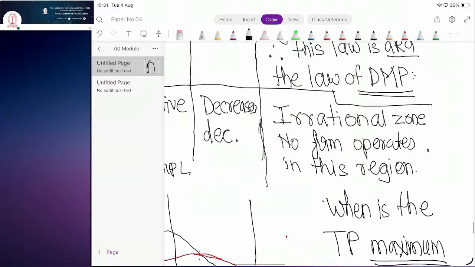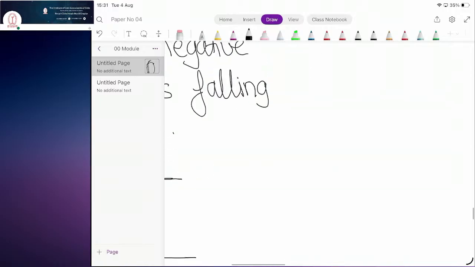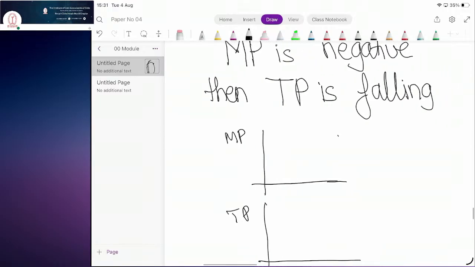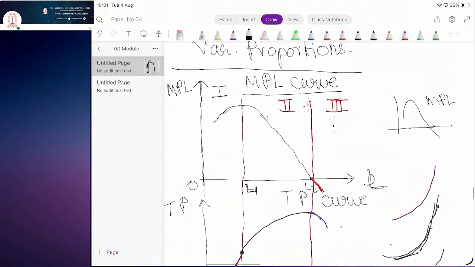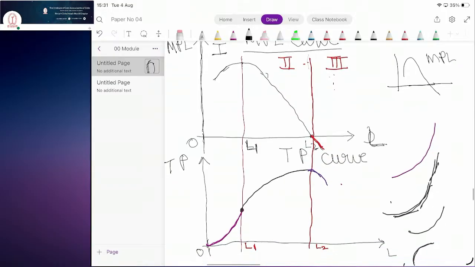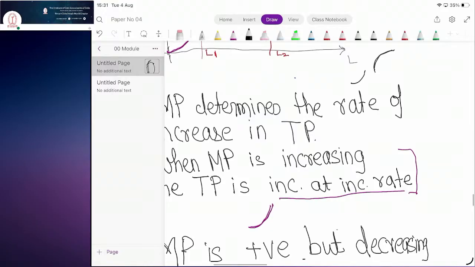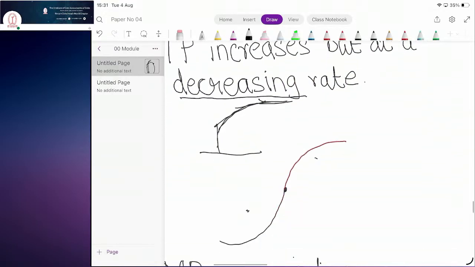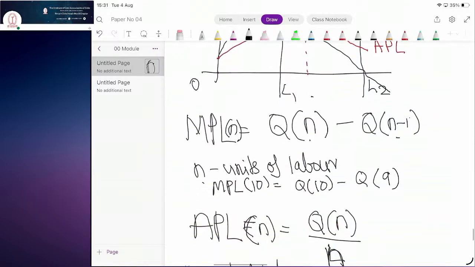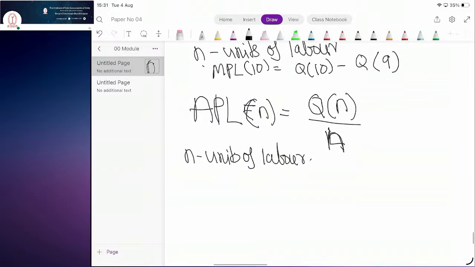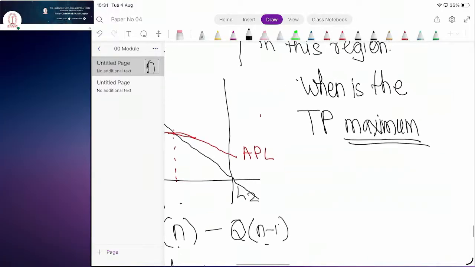Okay, so if you look at our diagram here, it's very clear at what point we will get the maximum output. Look at this diagram here. This is the point of maximum output. So what is that point? When marginal product of labor becomes 0, your total output becomes maximum.